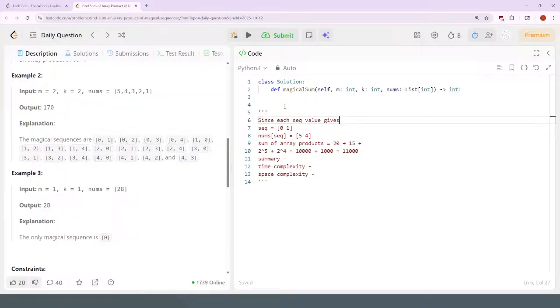It's 5 permute 2, 5 permute 5, and 1 permute 1. Since each sequence value gives a bit, the length of the sequence is k.